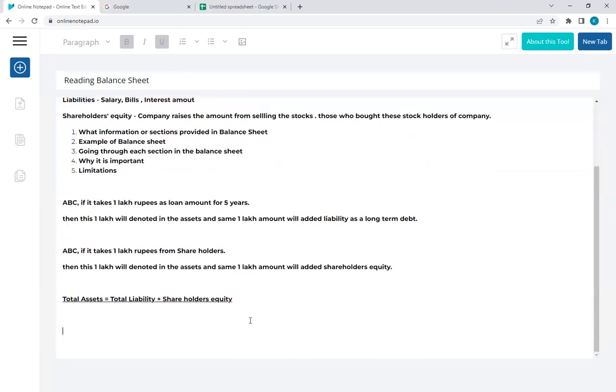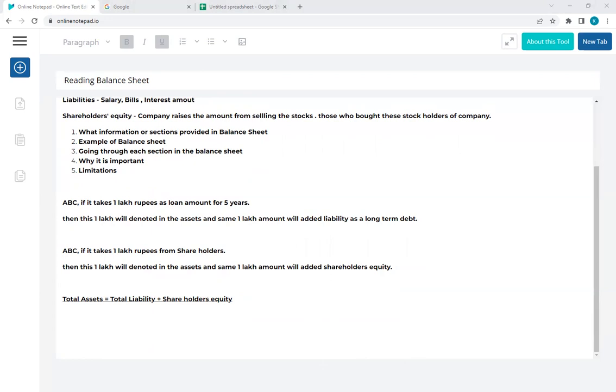So every time it should be balanced, with the assets against the total liabilities and the shareholders' equity. If you want a picture of that, I can share it.